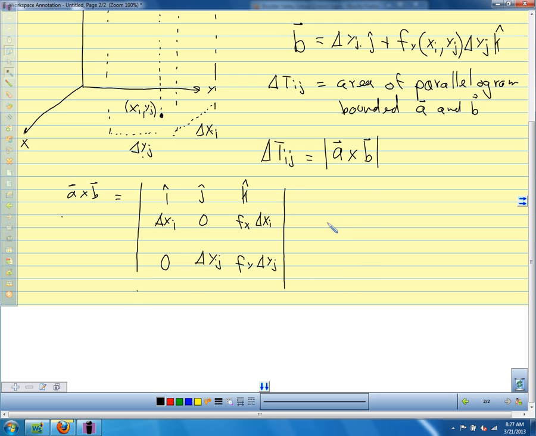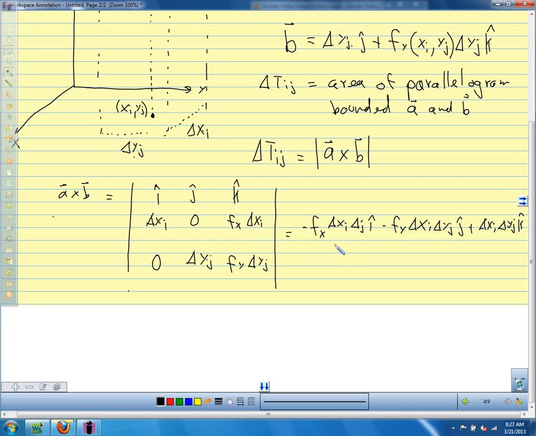And when I multiply this out, I'm going to write out all my terms, and then we'll simplify. I get minus the partial with respect to x times delta x sub i, delta y sub j in the i hat direction, minus the partial with respect to y times delta x sub i, delta y sub j in the j hat direction, plus delta x sub i, delta y sub j in the k hat direction.